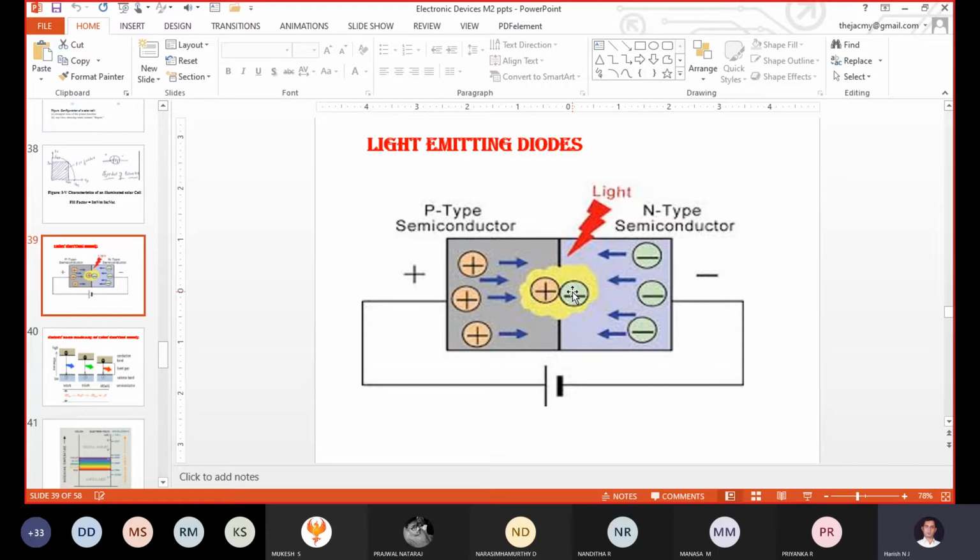In the first module itself, we discussed indirect band gap semiconductors and direct band gap semiconductors. Silicon and germanium are widely used for the fabrication of a PN junction diode. Do they come under direct or indirect semiconductors? Indirect. If we use silicon or germanium for an LED, would it emit light when recombination happens in an indirect band gap semiconductor?